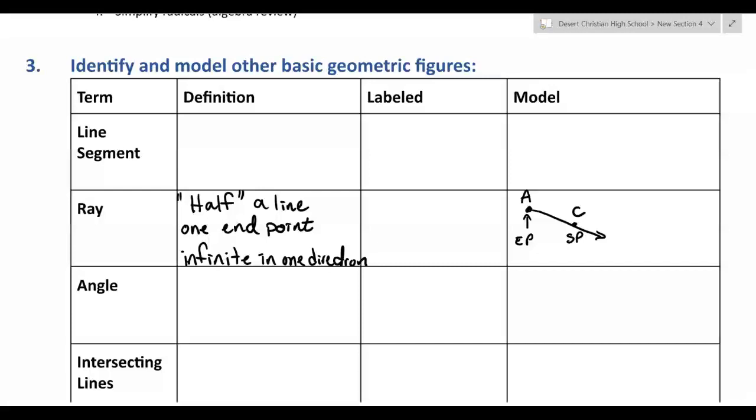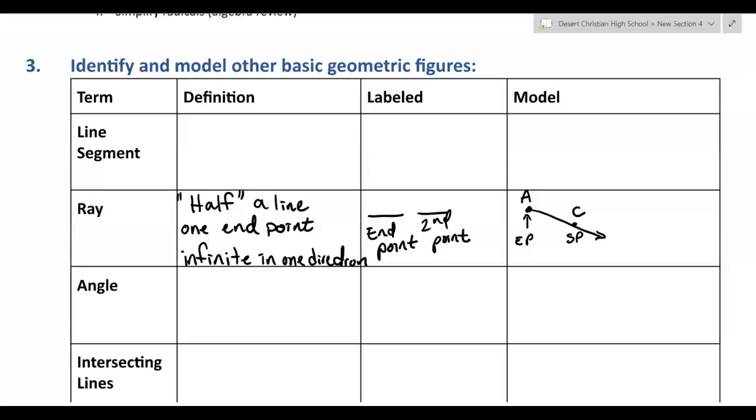Okay, now how do we label a ray? Lines were very flexible. We could label a line AC or CA. It didn't matter because they travel in both directions. With rays, the order is very important. Order matters on this one. We always have to start with the endpoint and then do the second point.